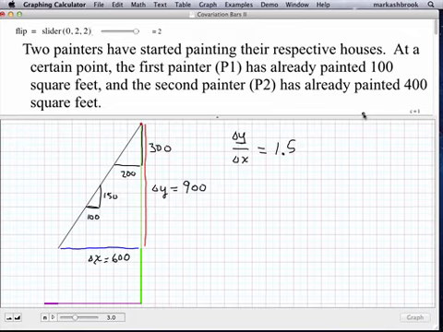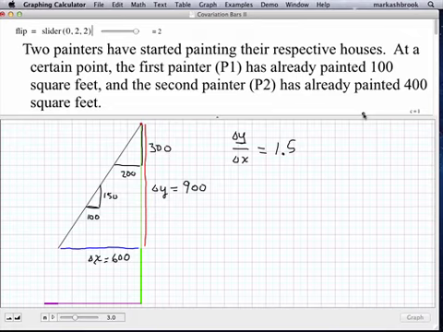So therefore, if it goes 100 units horizontally, it's going to go up how much? 1.5 of 100. And if it goes horizontally 200, it's going to go 200 times 1.5 up.